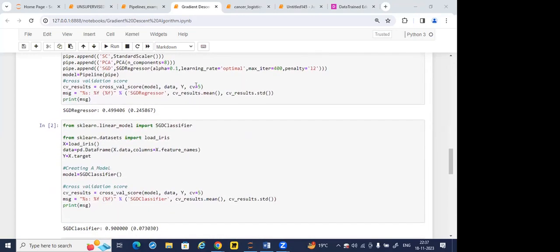We can use an SGD classifier also, the stochastic gradient descent classifier. Here we have from sklearn.linear_model SGDClassifier. We can load any dataset. We take out the input data and the output data, and I'm going to call the SGD classifier here.